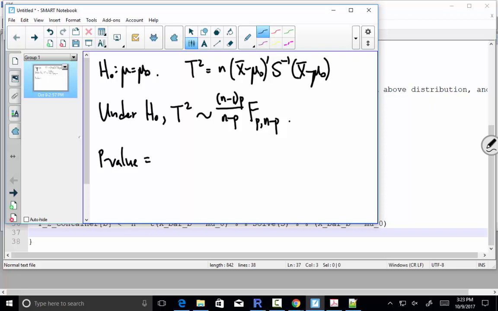So I can, in R, say 1 minus pf of n minus p over n minus 1 p times t squared. That's the right tail probability in the F distribution evaluated at the appropriate statistic with these degrees of freedom.